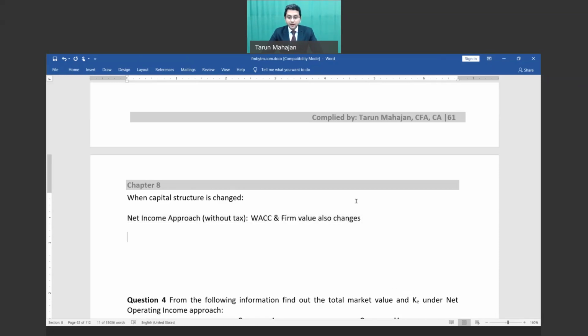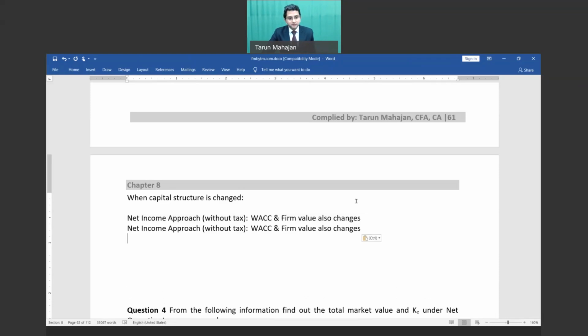But if I introduce tax, then it will become the net income approach with tax.